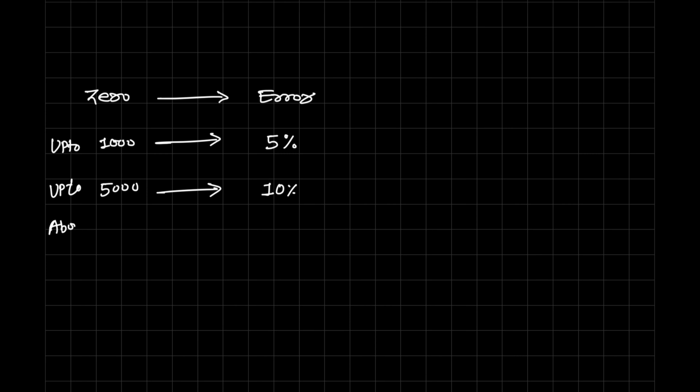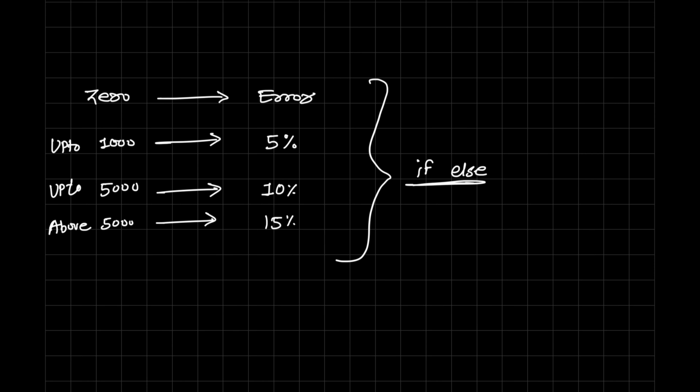And the last condition is that if the amount is above 5000, then give a 15% discount to the user. These are the four conditions we want to apply on this problem. Okay, this is a simple if else program.